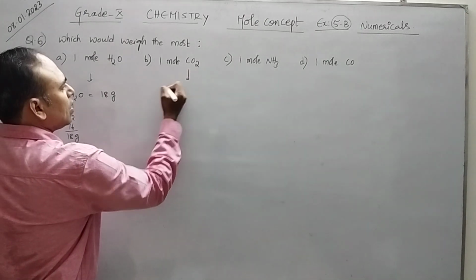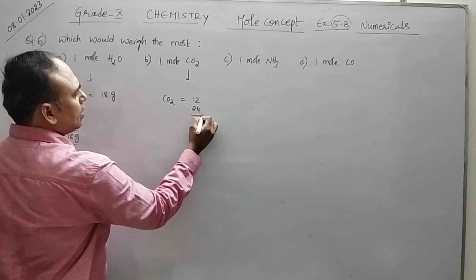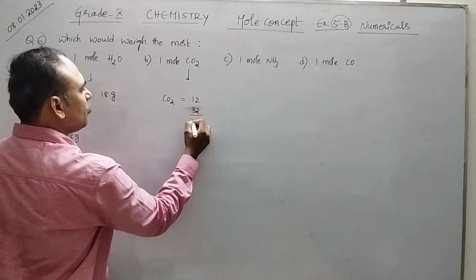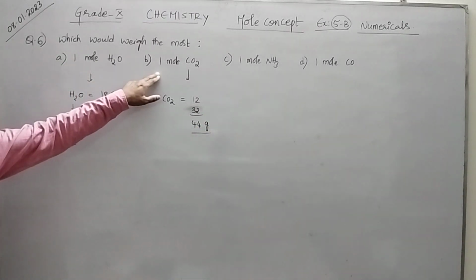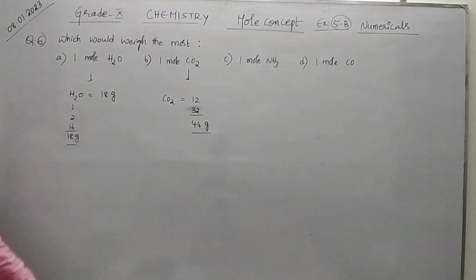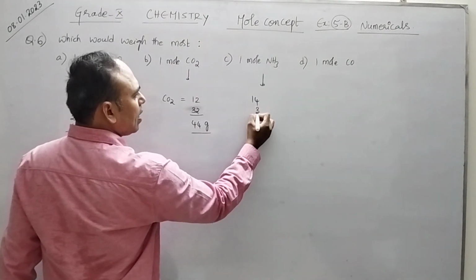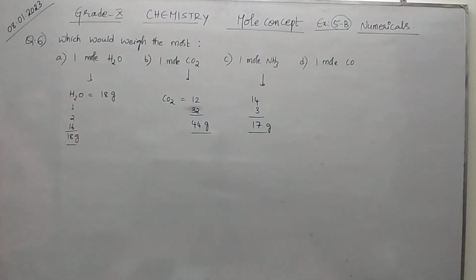Second one, carbon dioxide, nothing but 12 and 16 into 2. So we have 44 grams in 1 mole of CO2 molecules. Now for ammonia, you have N is 14 and 3. So we have 17 grams in 1 mole of NH3.